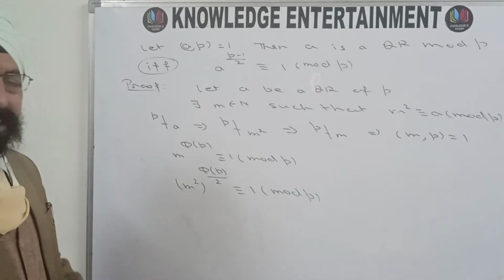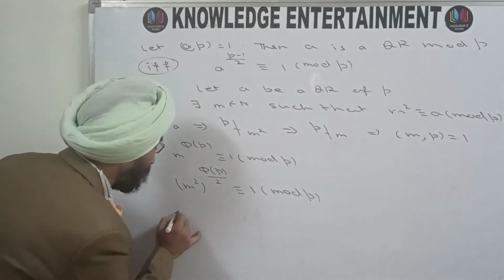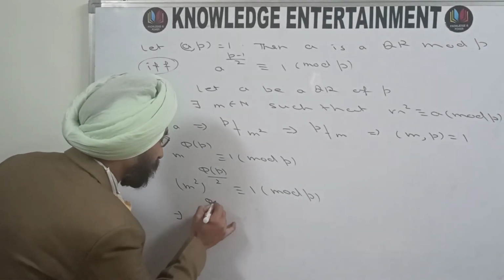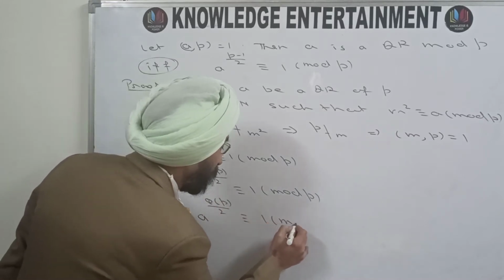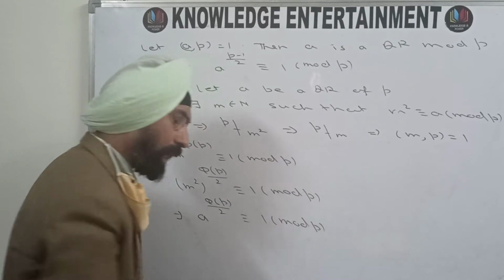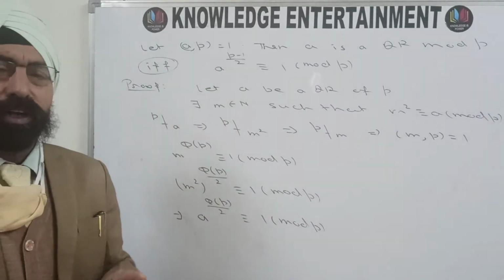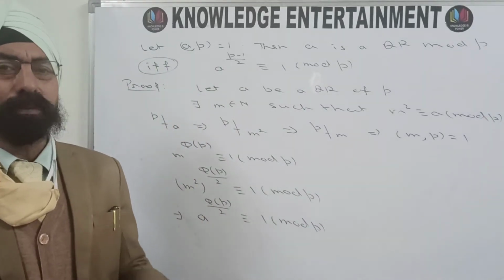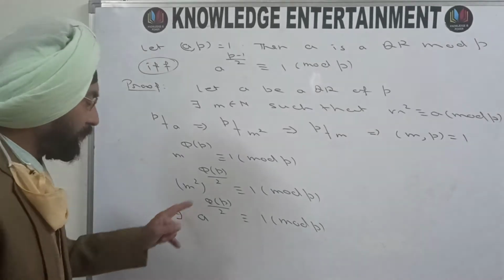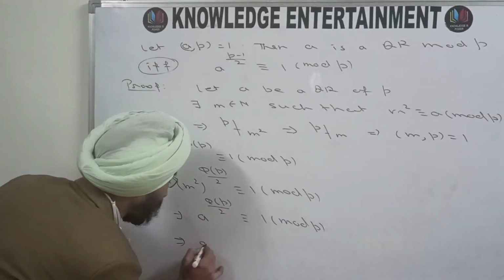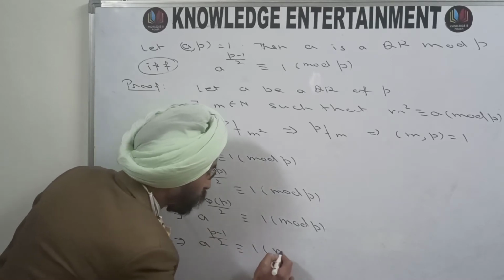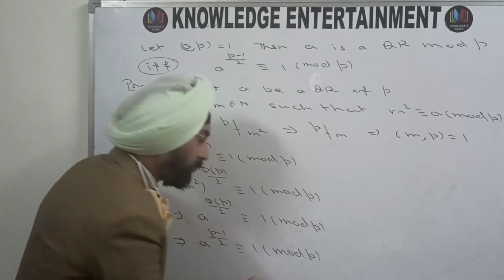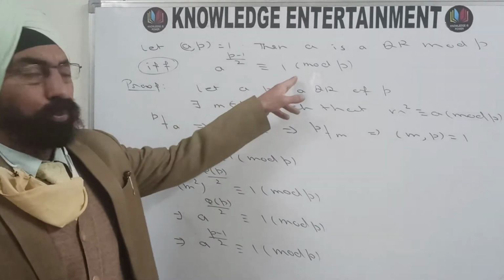So replacing this m squared by a, we get a raised to the power phi(p)/2 is congruent to 1 modulo p. Now, what is phi(p)? For every prime p, phi(p) is equal to p minus 1. So this gives a raised to the power (p minus 1)/2 is congruent to 1 modulo p, which we wanted to prove.